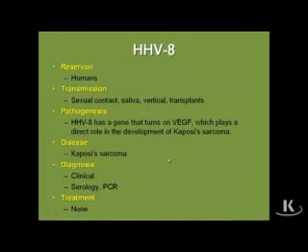All right, the last of the herpes viruses we're going to talk about is human herpes virus 8. What you need to know about HHV8 is that it is the causative agent of Kaposi sarcoma. We initially thought it was maybe a cofactor, but now we know that it is the causative agent, transmitted typically sexually or by close personal contact and saliva.